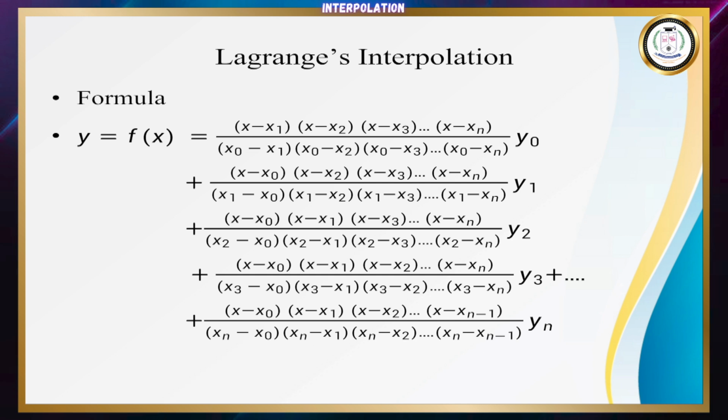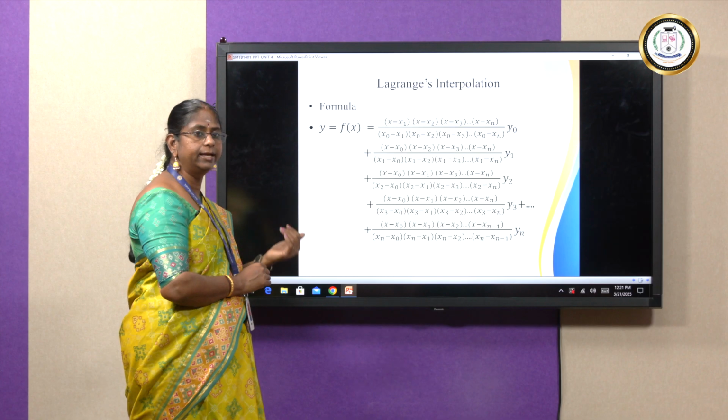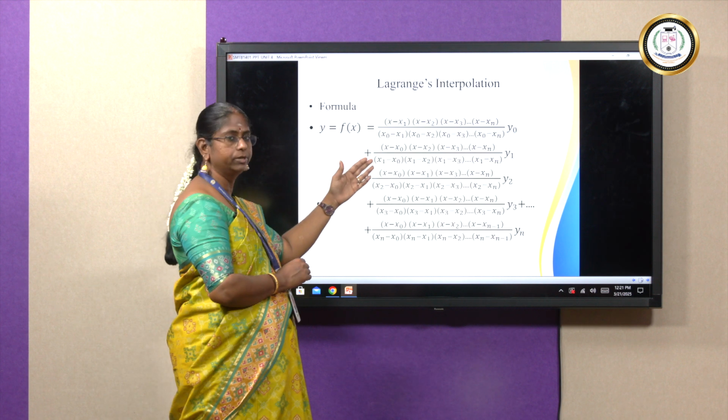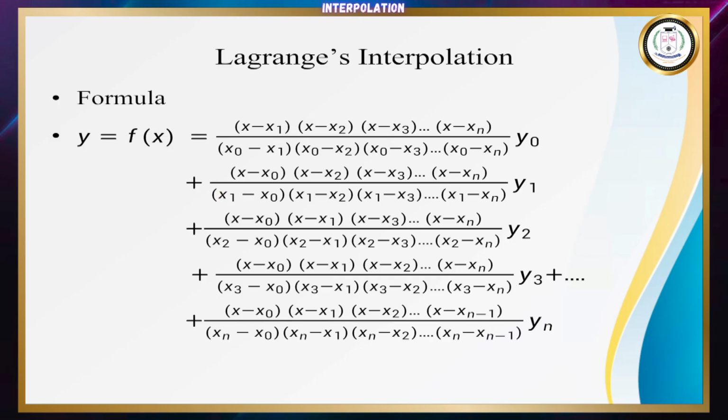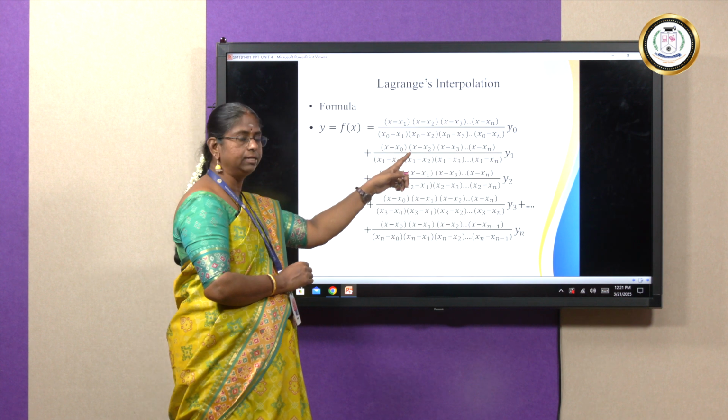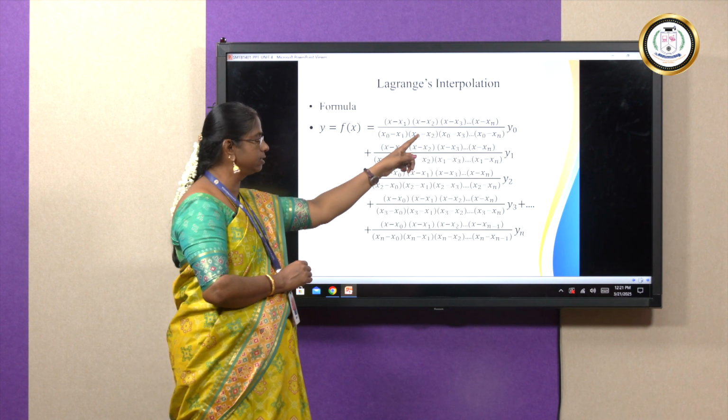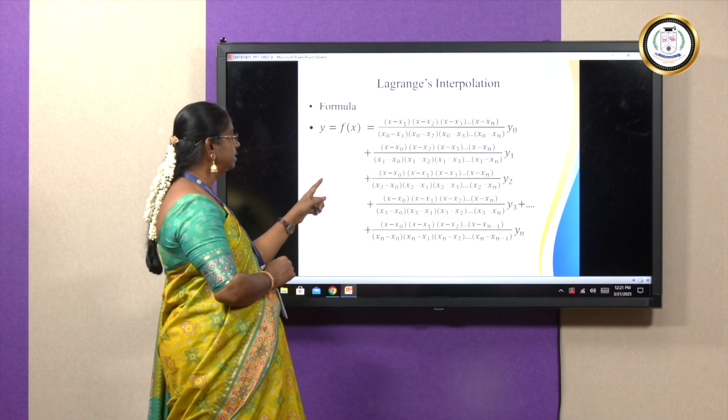What is missed here is x0, so that x0 is taken in the denominator. Each value is subtracted from this x0: x0 minus x1, x0 minus x2, x0 minus x3, and so on, till x0 minus xn. Then the corresponding y value is written, that is y0, plus the second term.